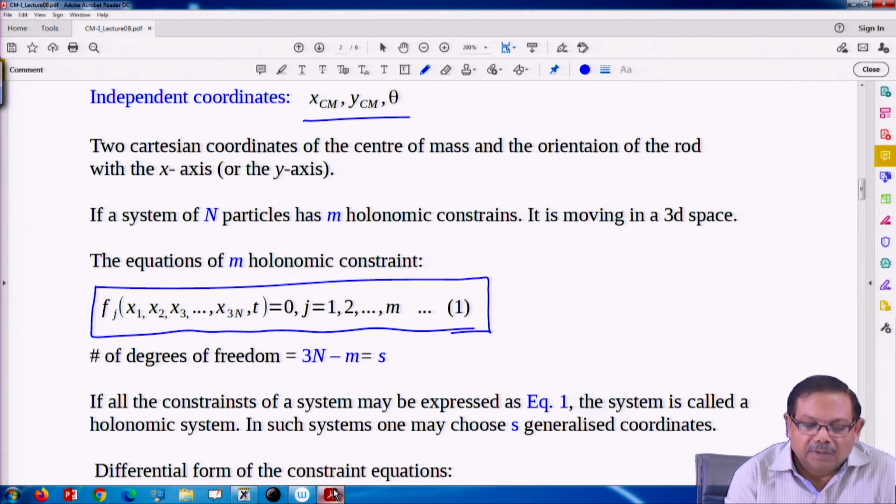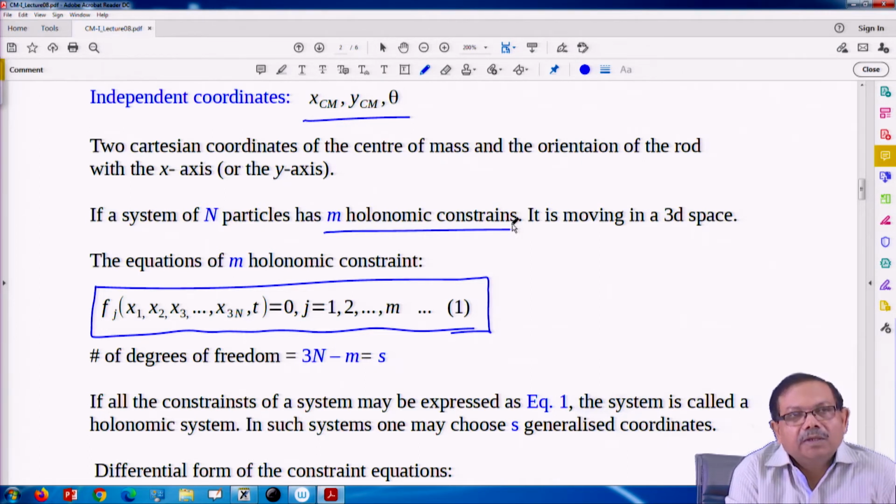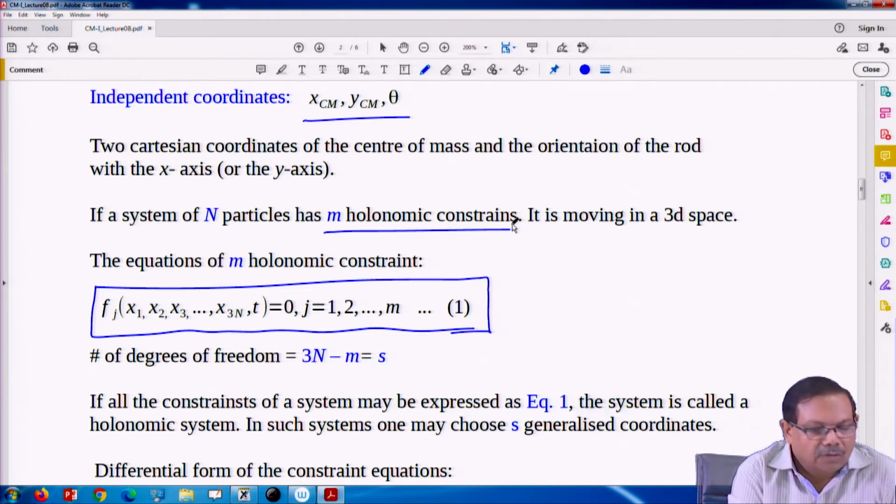Now, let us go to a system of n particles which is subjected to m such constraints, and the system is moving in 3 dimensions. How many Cartesian coordinates do I require to describe the location of the system uniquely? 3n coordinates.